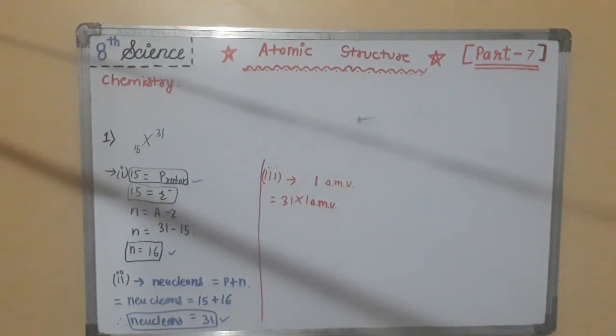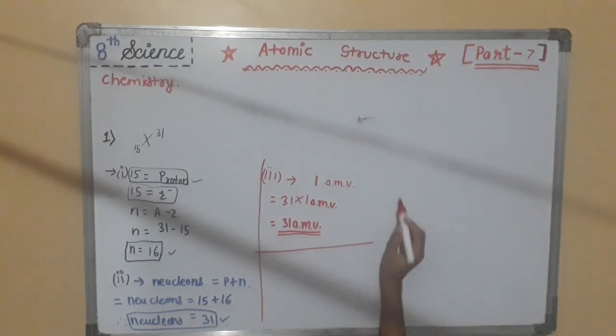We know that total mass of nucleons is equal to total number of nucleons into average mass of each nucleon. So 31 into 1 AMU, we get 31 AMU as the answer. Therefore, this is the answer. I hope you understand.